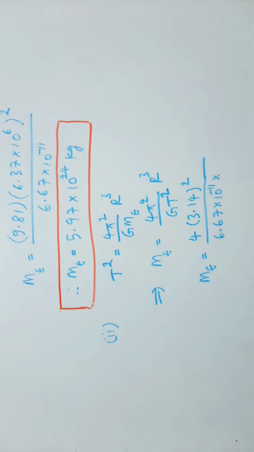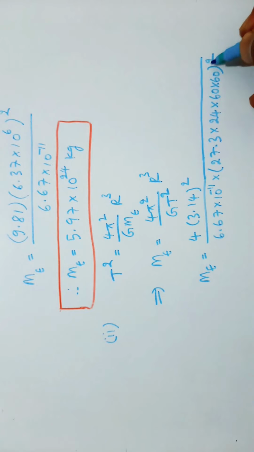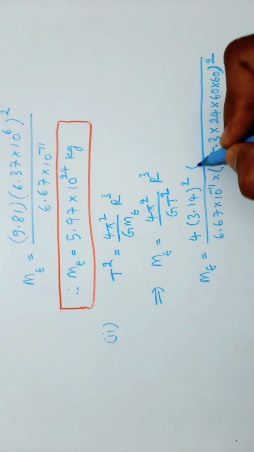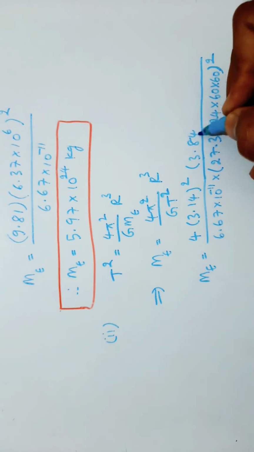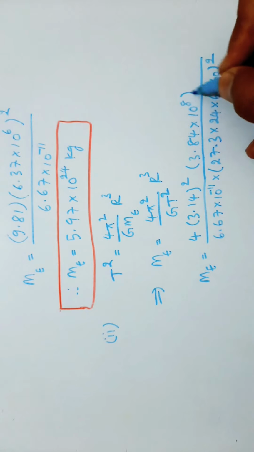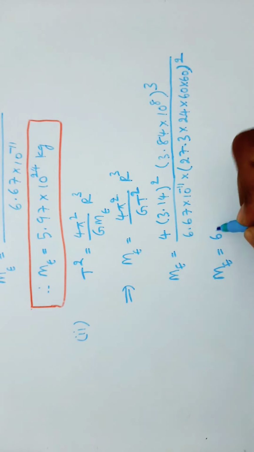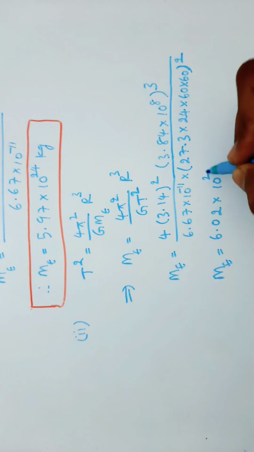Here T is 27.3 days. So here 1 day is equal 24 hours, 1 hour is equal 60 minutes, 1 minute is equal 60 seconds, whole square. Here R is 3.84 into 10 to the power of 8 whole cube. If we simplify this, we can get mass of the earth. So that is equal 6.02 into 10 to the power of 24 kg.